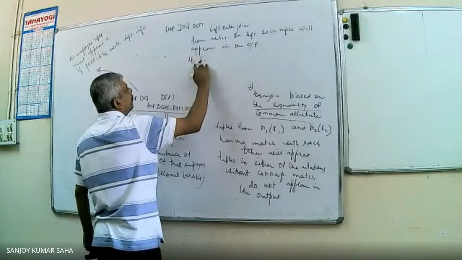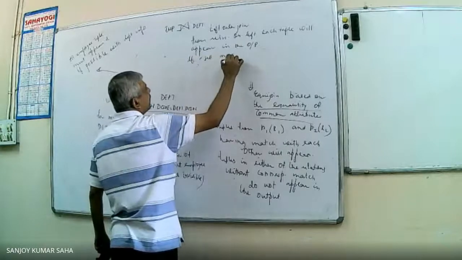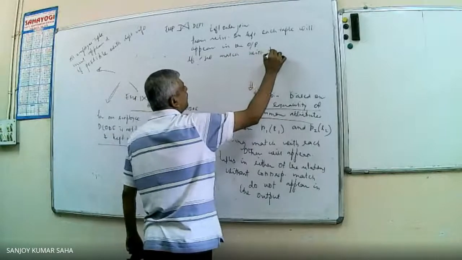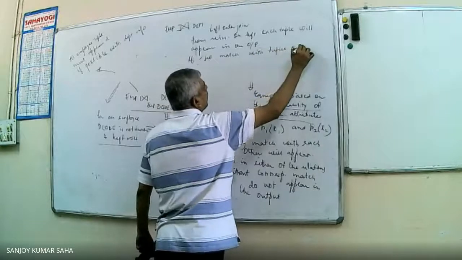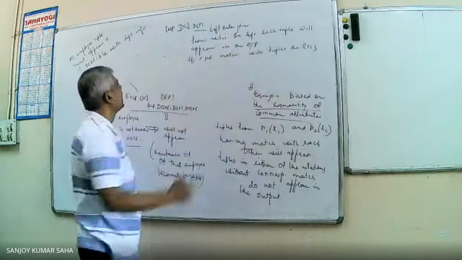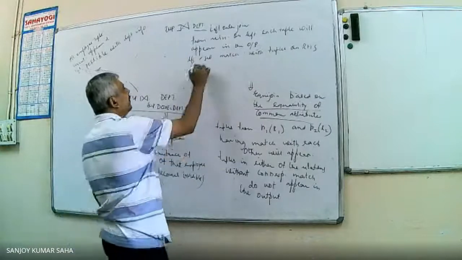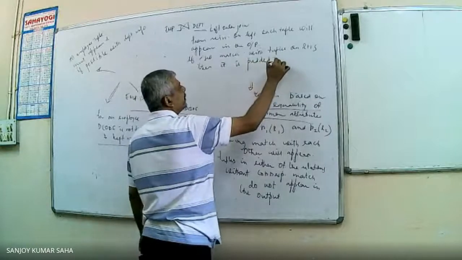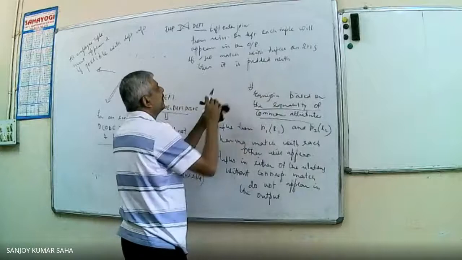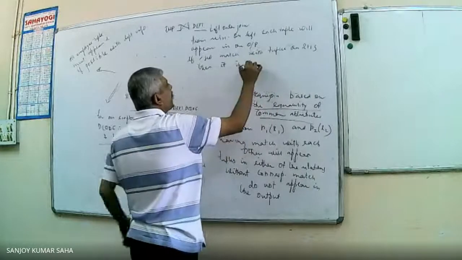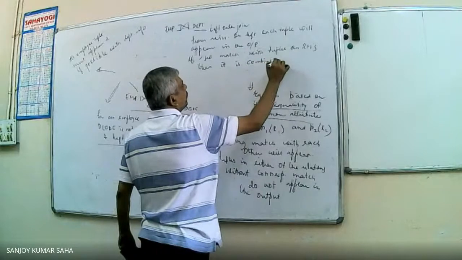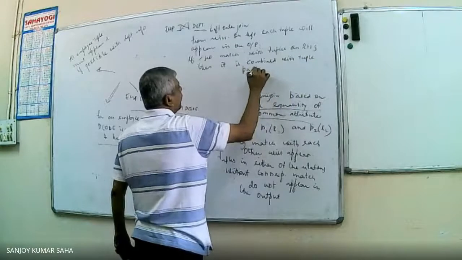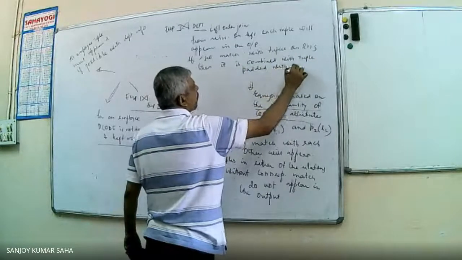If there is no match with tuples on the right-hand side, if we cannot find a match for the employee tuple here, then it is padded, combined with a tuple added with null values.